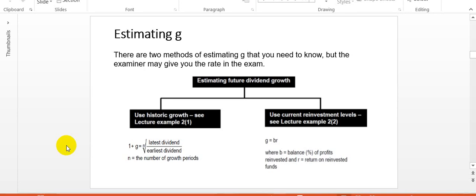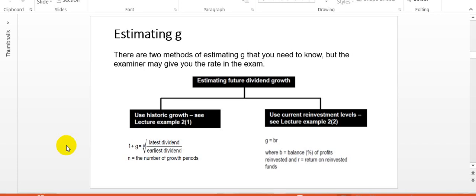So simplify the 1 over n. So for example, if your n is 5, divide 1 by 5. So 1 divided by 5 gives us 0.2, so it becomes to the power 0.2.